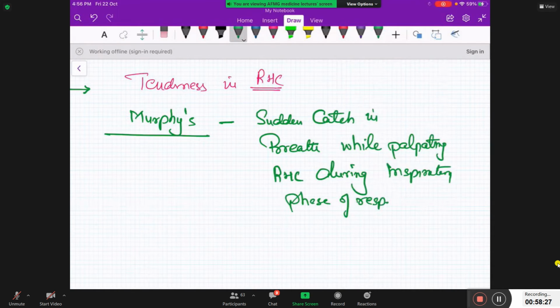You are palpating right side. Once you reach right hypochondrium during inspiratory phase, when you palpate it here, the patient suddenly catches his breath. This is called Murphy's sign.